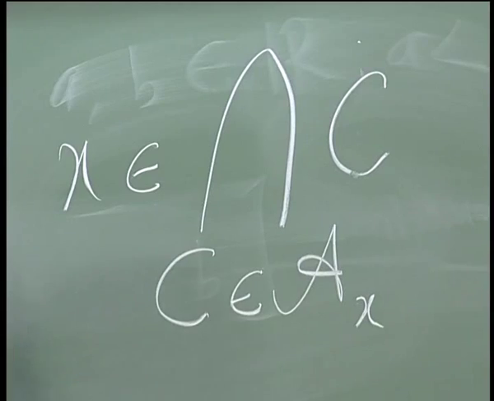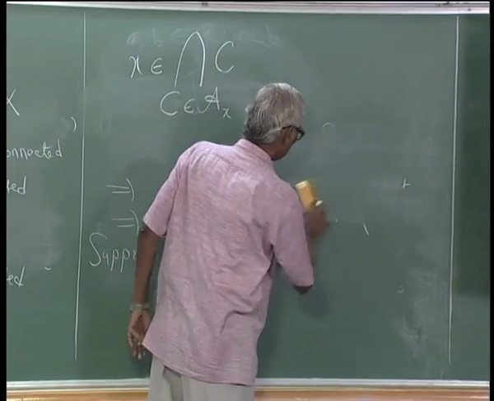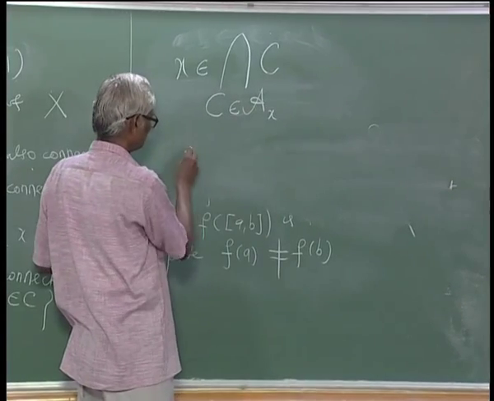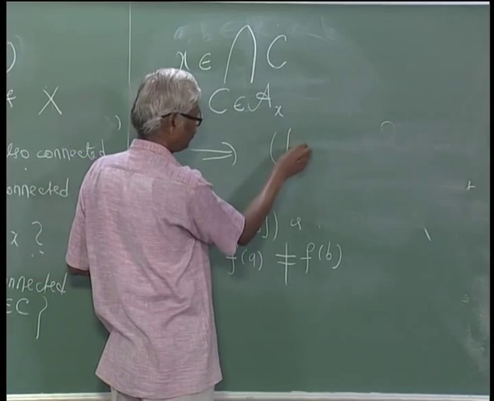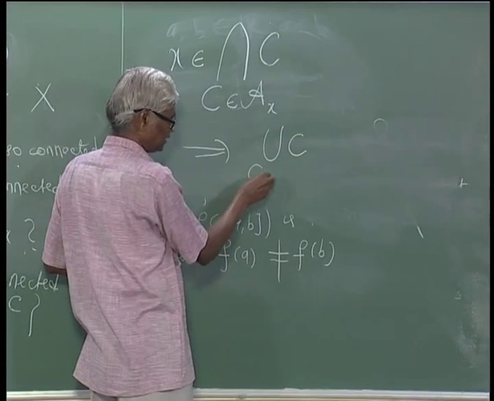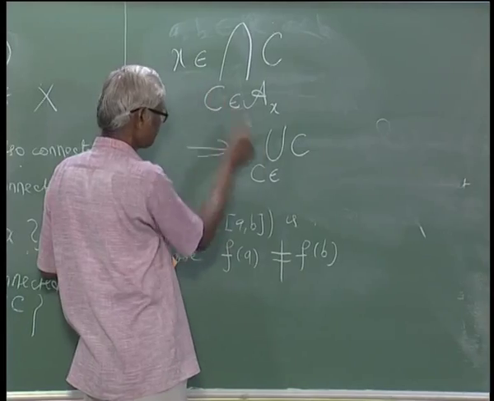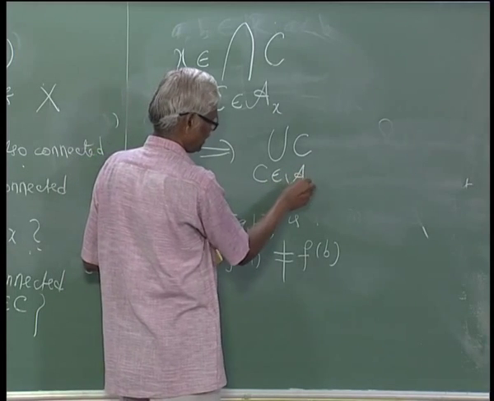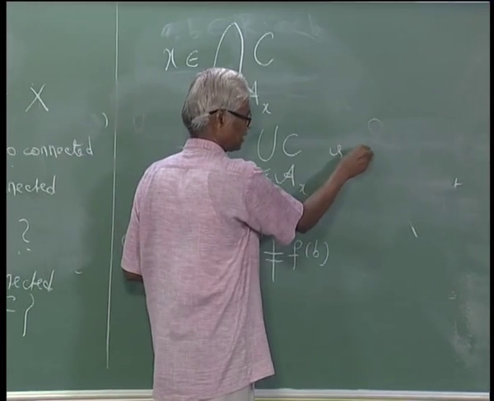So, this will imply the union of C belonging to script A_x is connected.